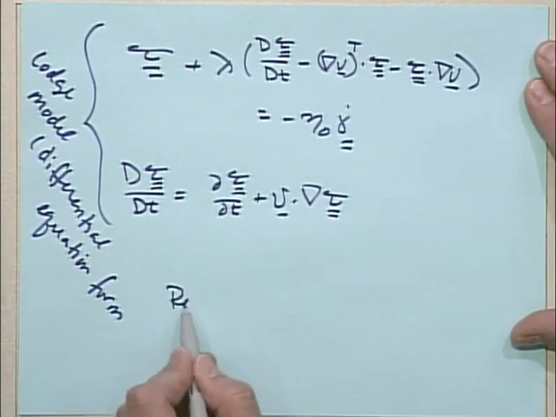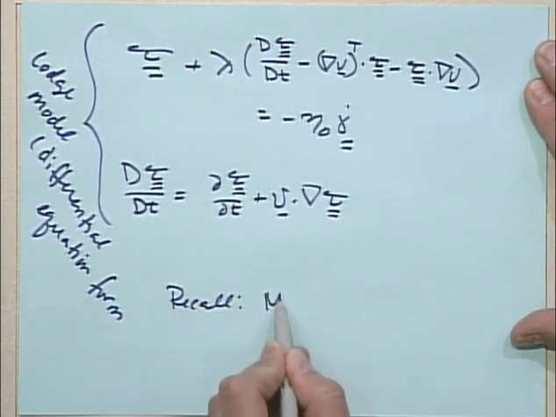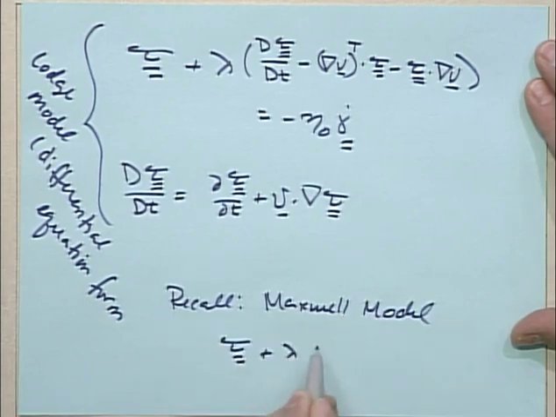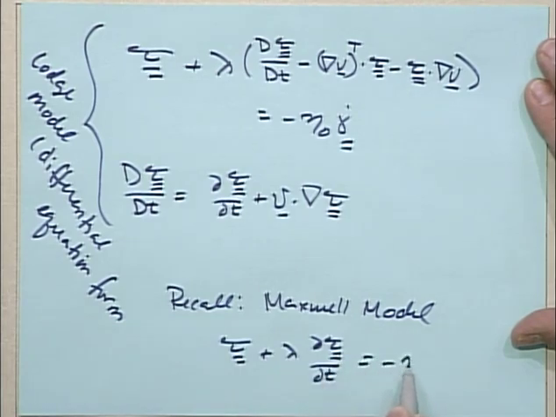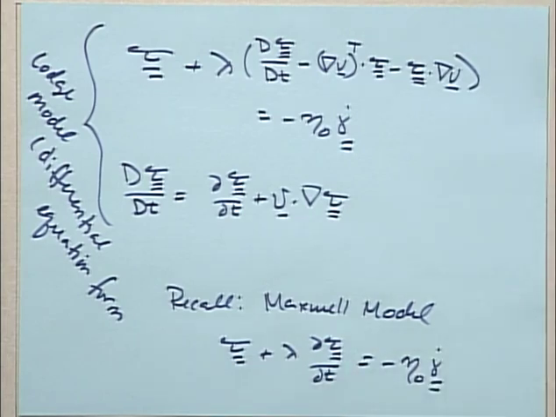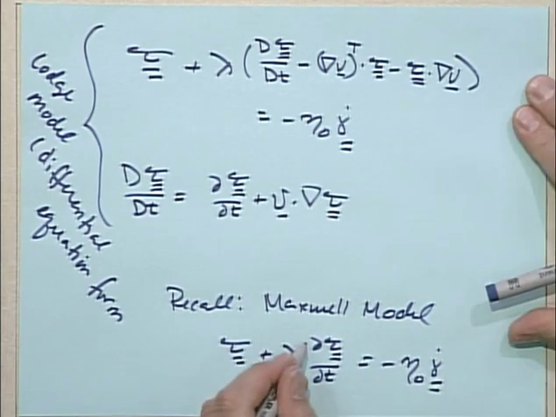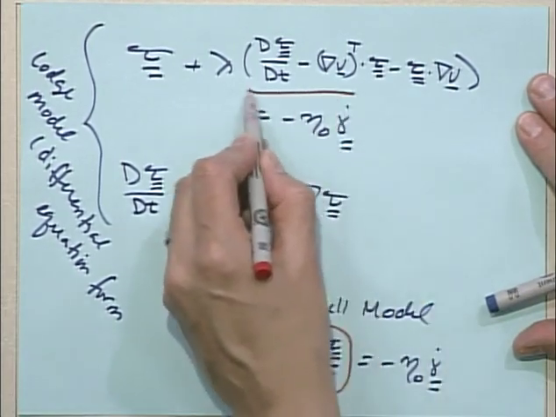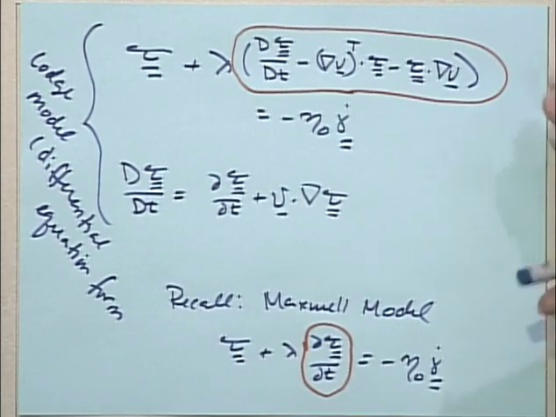Because recall that we have the Maxwell model, which is just tau plus lambda partial tau with respect to t equals minus eta naught gamma dot. So they're exactly the same, except for this has just a simple partial derivative with respect to time, and this has this mess.